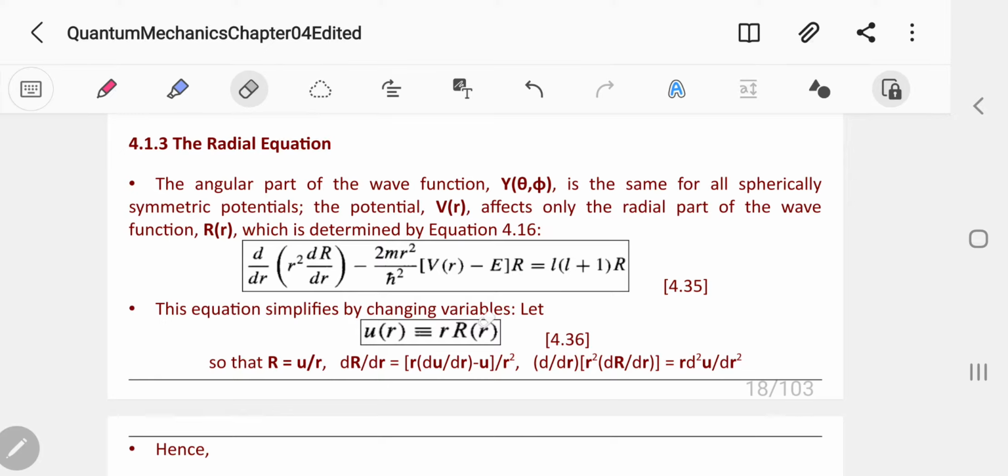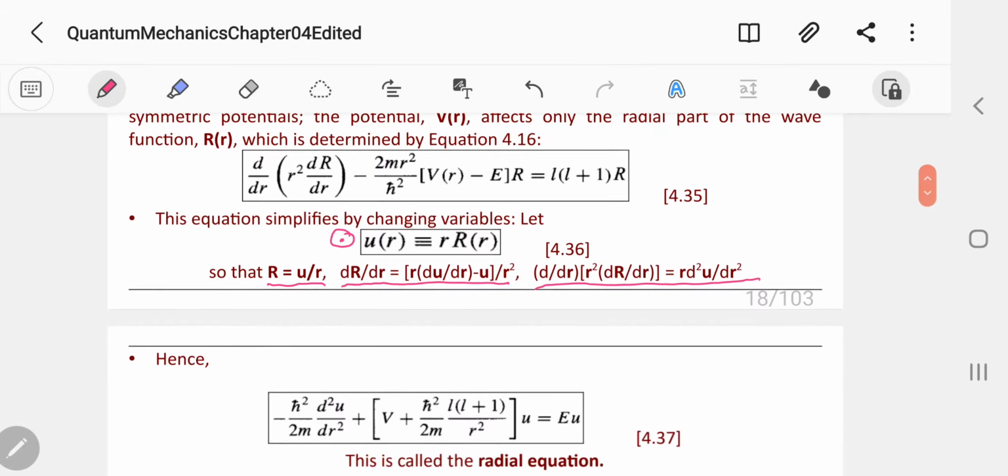We change variable into u, a function of r, where it's a product of r and the big function R of r, so that your big R will be u over r, and then your derivative of R with respect to r would be this one, and then you will have this expression to be just equal to r times the second order differential of u with respect to r.